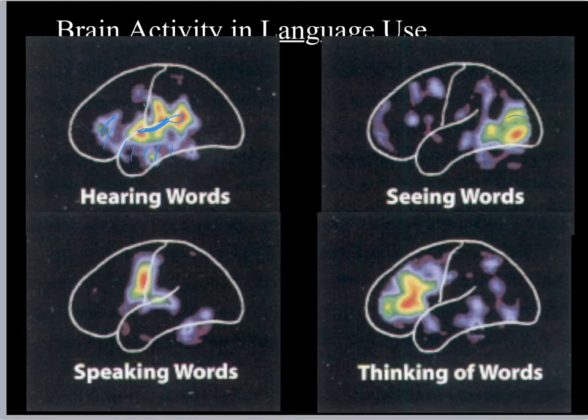If you're seeing words, the visual cortex and association areas get really emphasized. If you're thinking about what you want to say but aren't actually saying it yet, the prefrontal cortex is heavily involved. And when you're actually making word sounds, you are heavily using the premotor cortex and Broca's area, which is about right there.